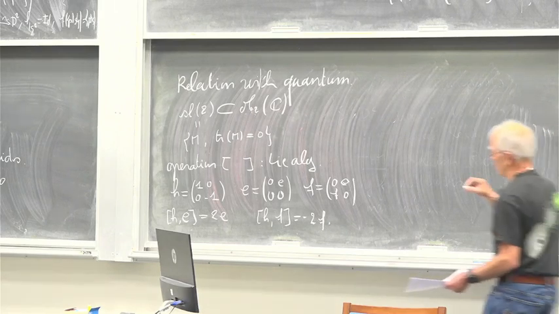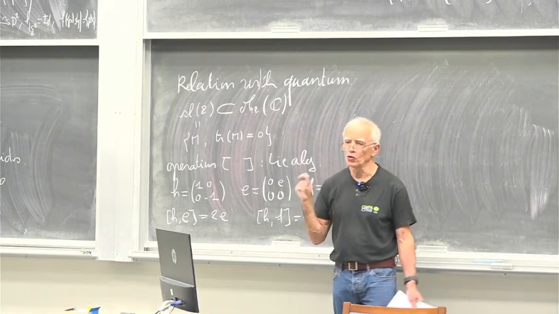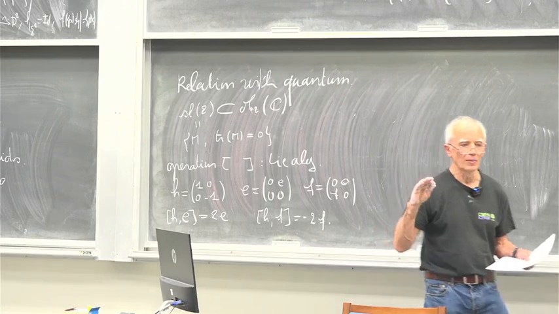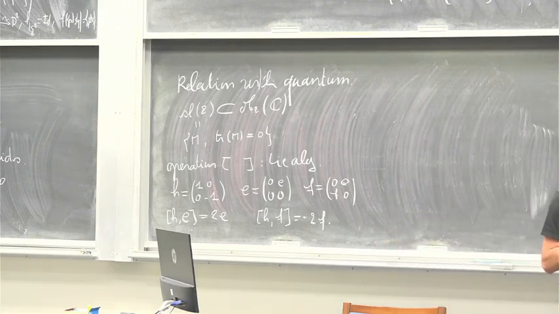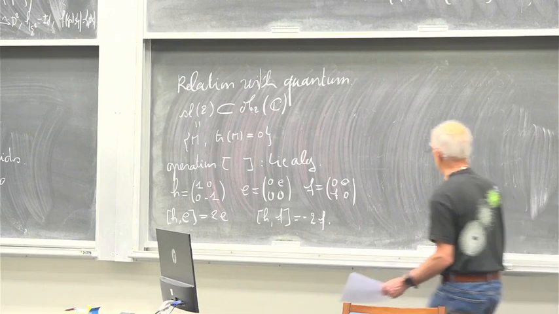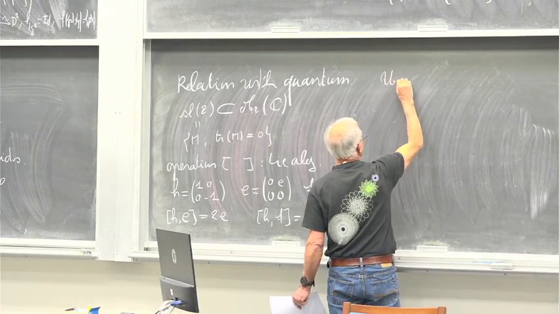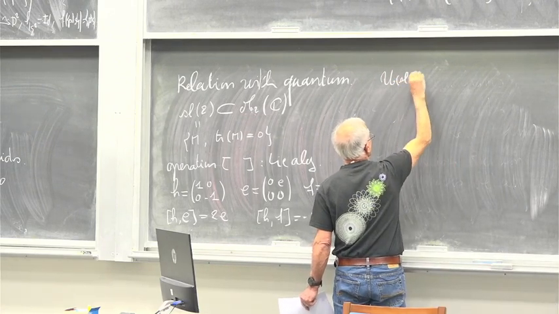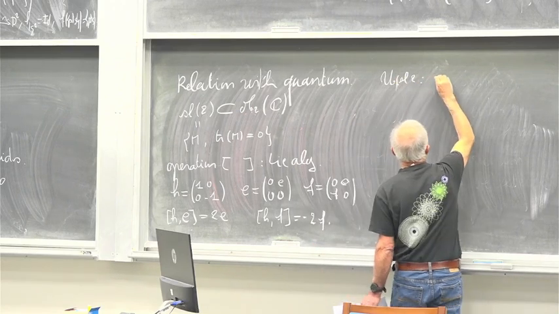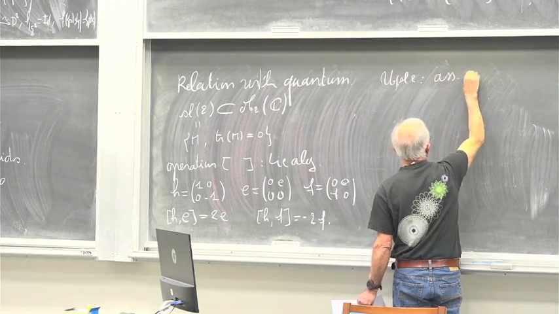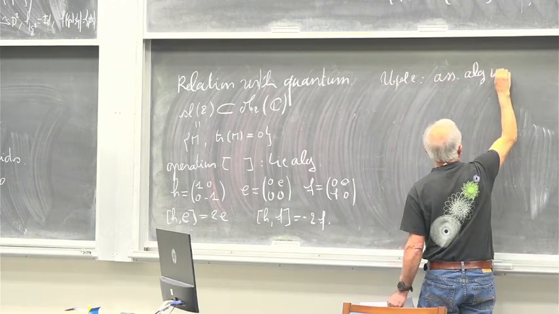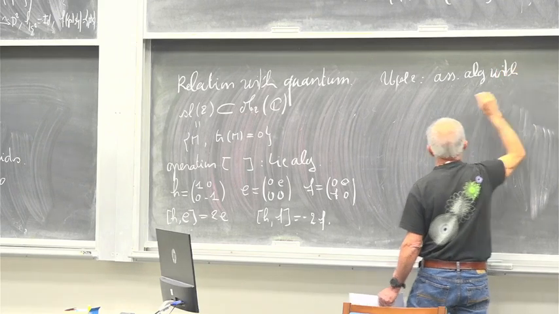And then, if we want to go to quantum, we had better immediately take the associative algebra with the same presentation. And this is called the universal enveloping algebra. So U(SL2) is an associative algebra with the same presentation.